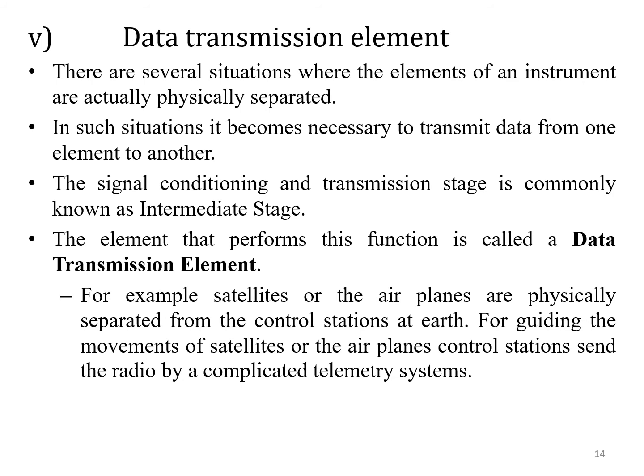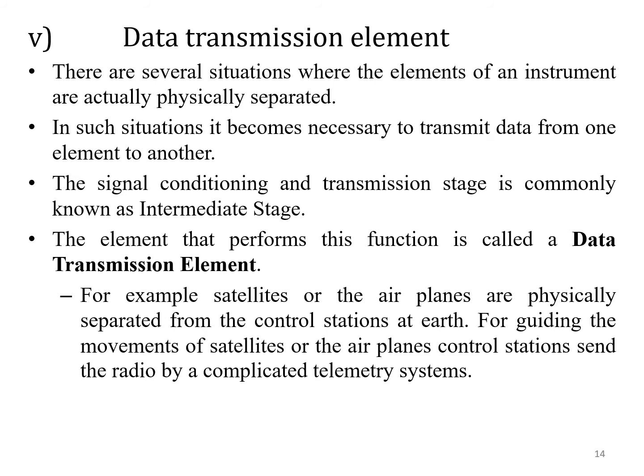Next one is the data transmission element. There are several situations where elements of an instrument are physically separated. In such situations, it becomes necessary to transmit data from one element to another. The signal conditioning and transmission stage is commonly known as the intermediate stage.